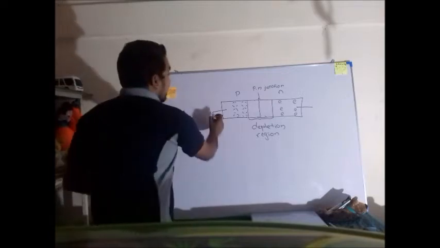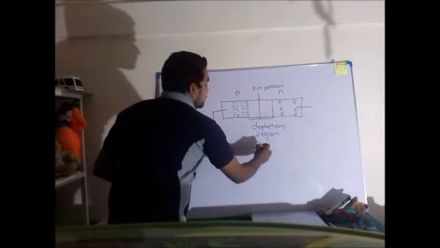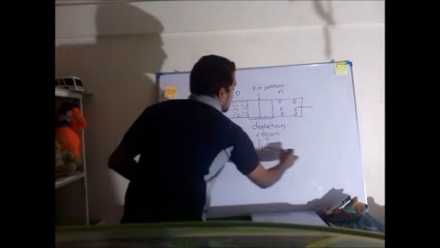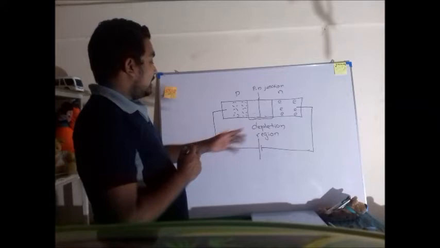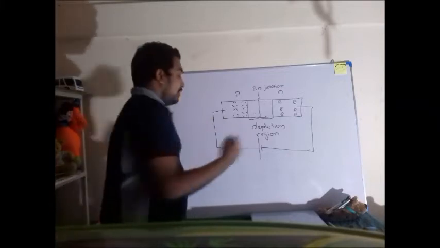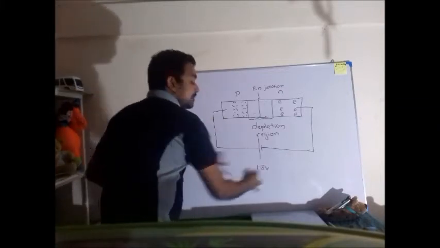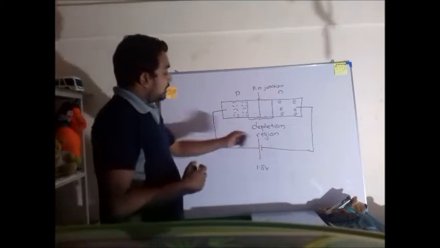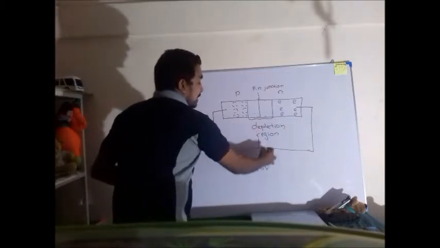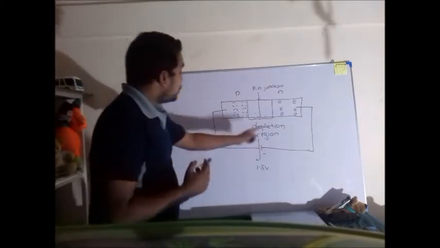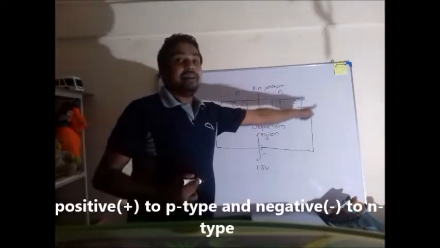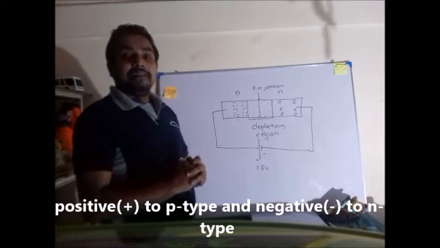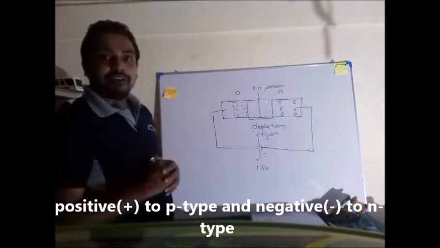Let's see what happens if I connect a dry cell which is 1.5 volts, positive terminal, negative terminal. Positive terminal to the p-type semiconductor, negative terminal to the n-type semiconductor. Let's see what happens next.